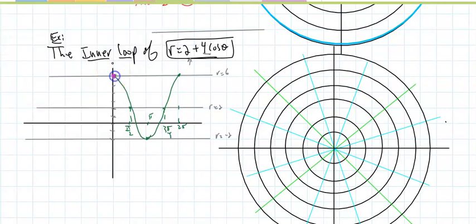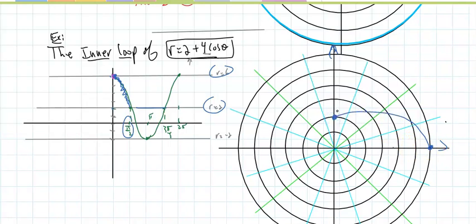At 0, actually, let me go with blue. At 0, I am at 6. By the time I hit pi over 2, r equal 2, and this decreases.